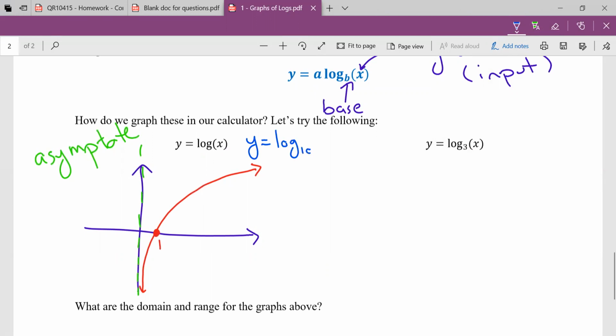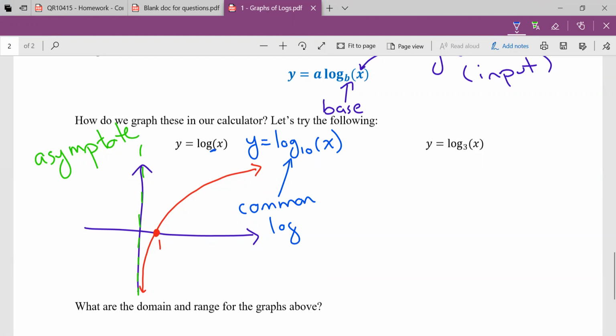It's really base 10, but we don't write it just to save time because we're lazy. So when you don't see a base, it's really base 10. This is known as a common logarithm. So all logarithms are base 10 if we don't see a base.